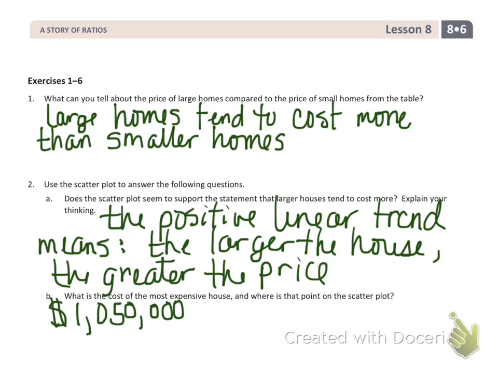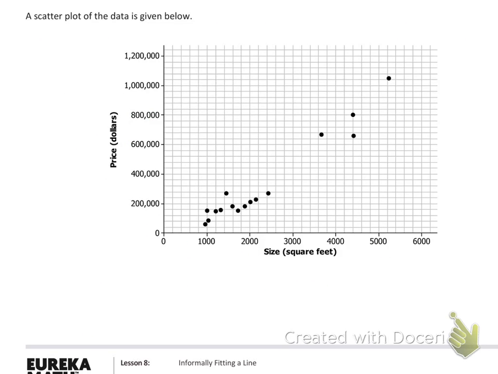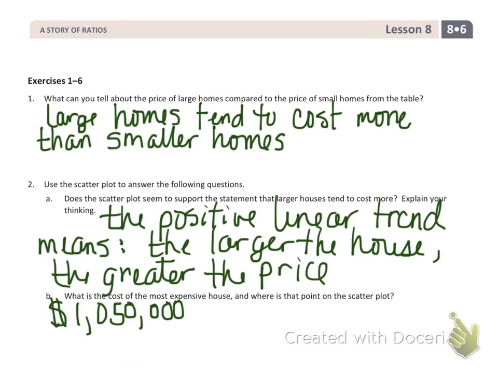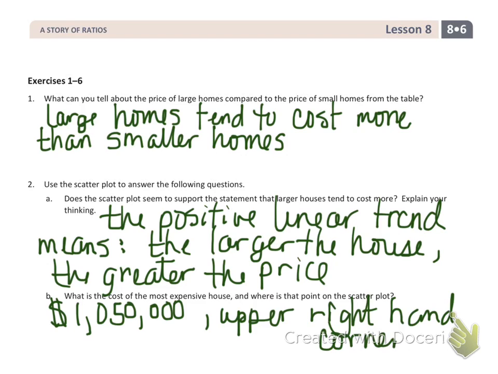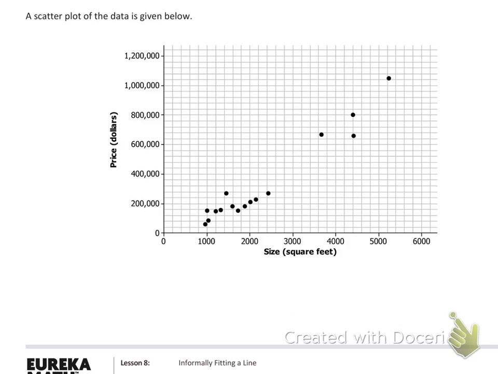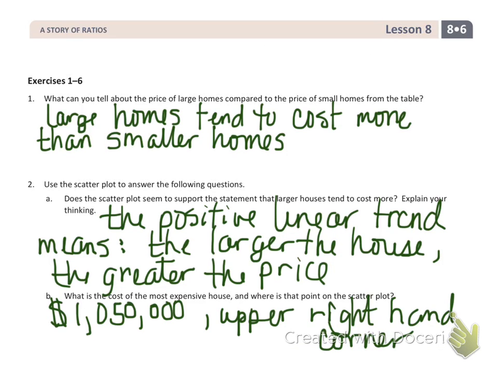And where is that point on the scatter plot? Well, let's find it. It's this one way up here, right? In the upper right-hand corner. It's kind of an outlier a little bit, although it has a few partners over there. But there's not very many in that category.